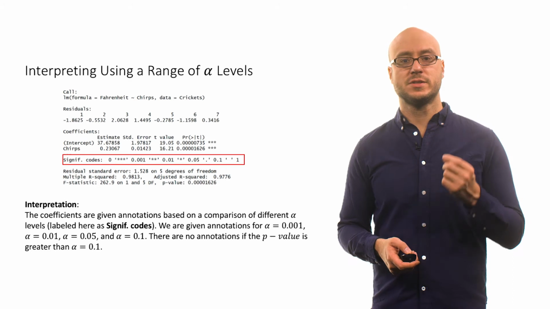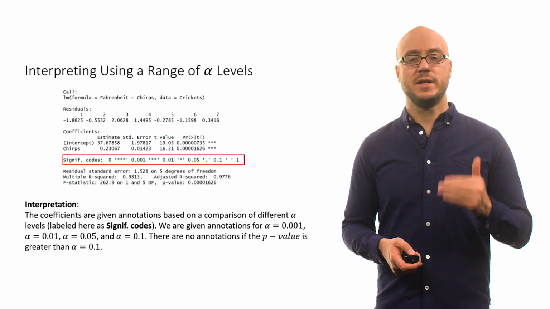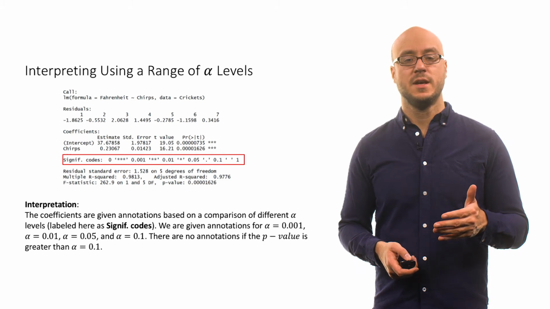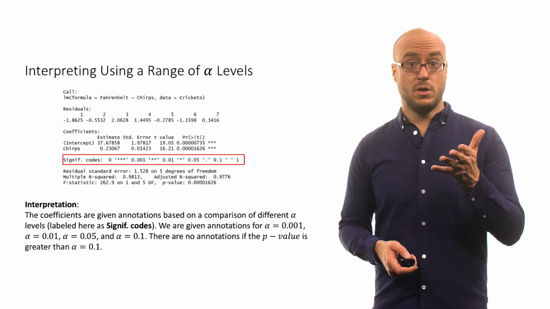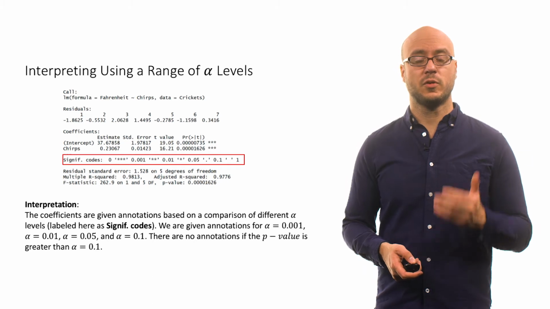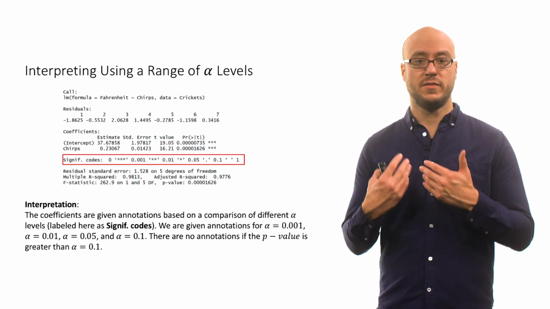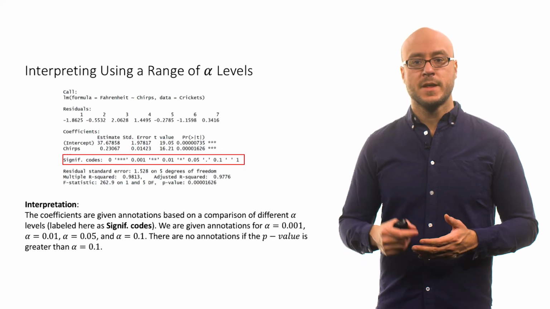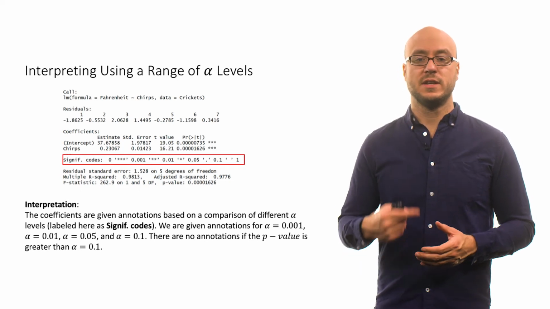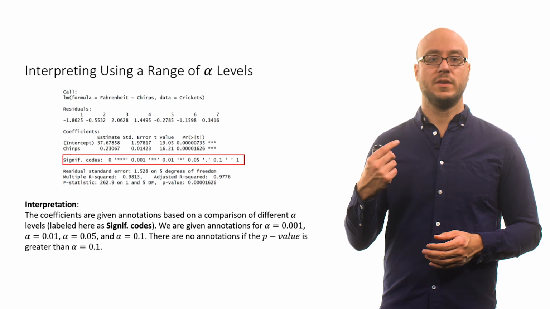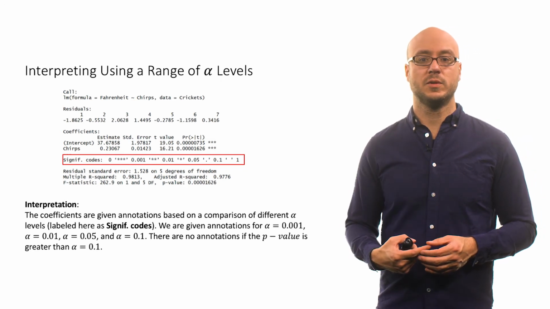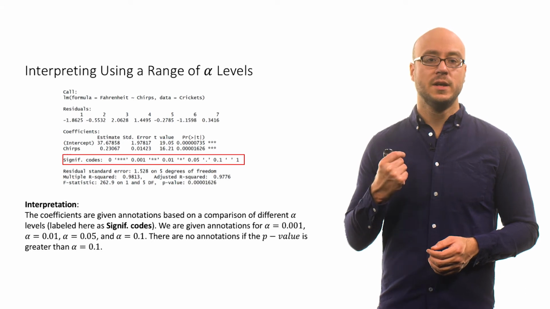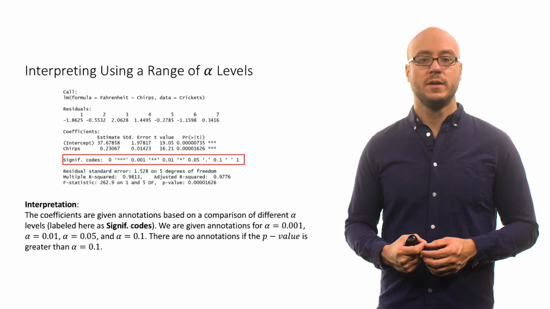So the coefficients are given annotations based on a comparison of different alpha criterion levels, which are called significance codes in the statistical software output, referring to the fact that you have different levels of statistical significance. We're given an annotation for alpha equal to 0.001, 0.01, 0.05, and alpha equals 0.1.